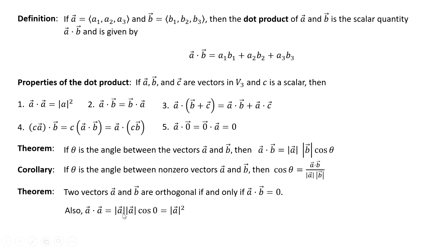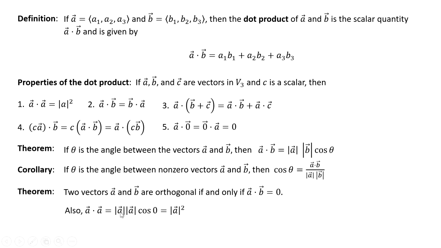A dot A is equal to magnitude of A times magnitude of A times cosine of 0. What do I mean by cosine of 0? Where does the 0 come from? Well, cosine of the angle between the two vectors, right?